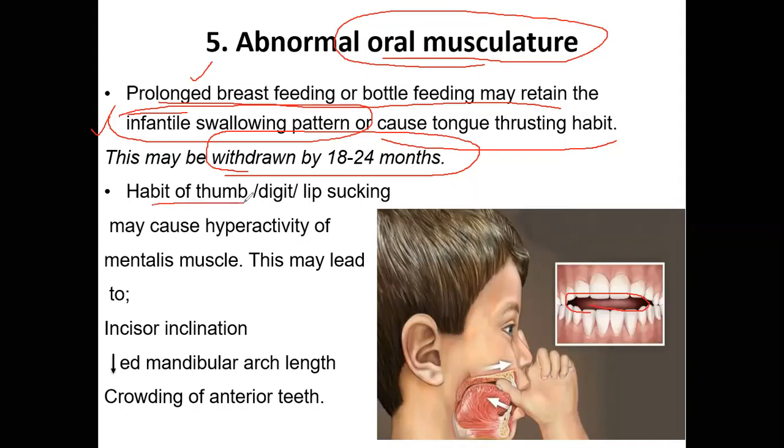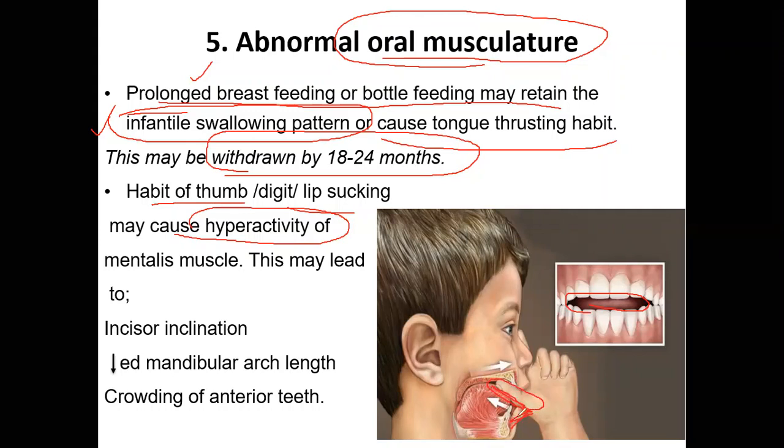The habit of thumb, digit sucking, or lip sucking again causes hyperactivity of muscles. If you focus on this picture, this habit of a child, can you see? Thumb sucking habit. Due to this thumb sucking habit, if you focus on this lower lip, the lower lip is resting over a thumb.